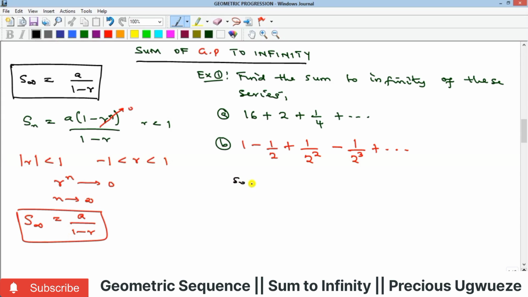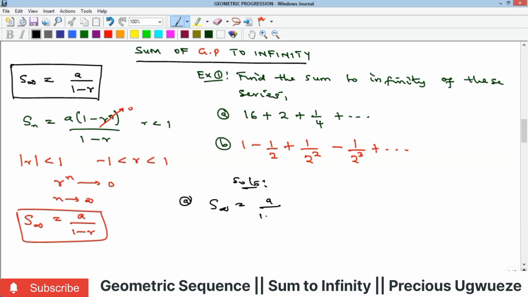Okay, so here we have some quick examples to look at. I'm going to just take the first one here, and I'll allow you to do the second. If we are to do example A now, what is our R? Remember, we are asked to find the sum to infinity of the series. So first of all, write our formula.